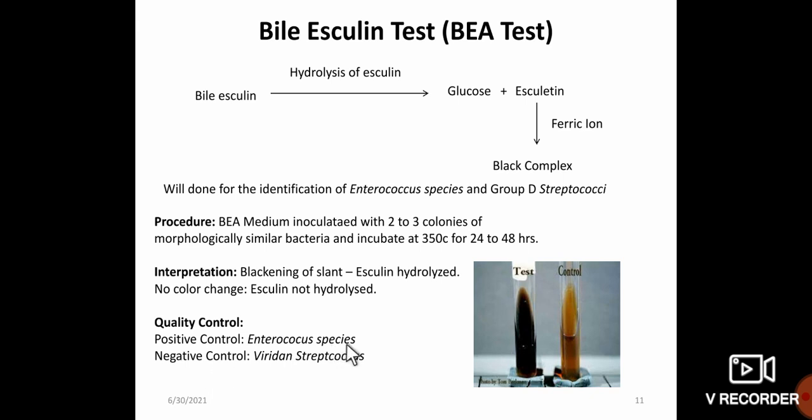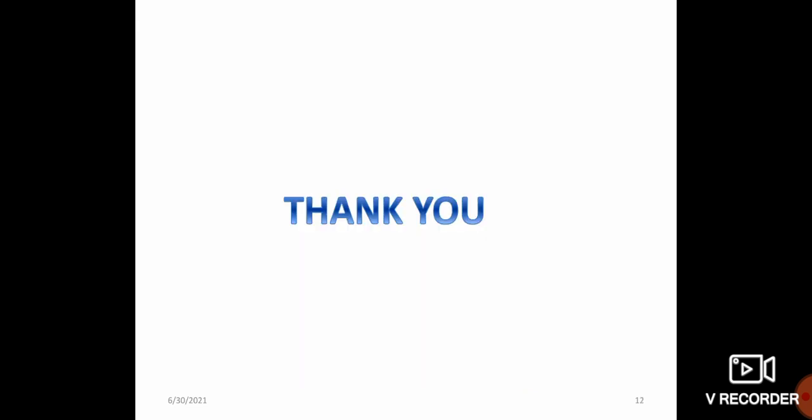For the positive control we can use Enterococcus species, and for the negative control we can use viridans streptococci. These are some of the biochemical reactions I tried to cover, which are used for bacterial identification in the diagnostic lab.